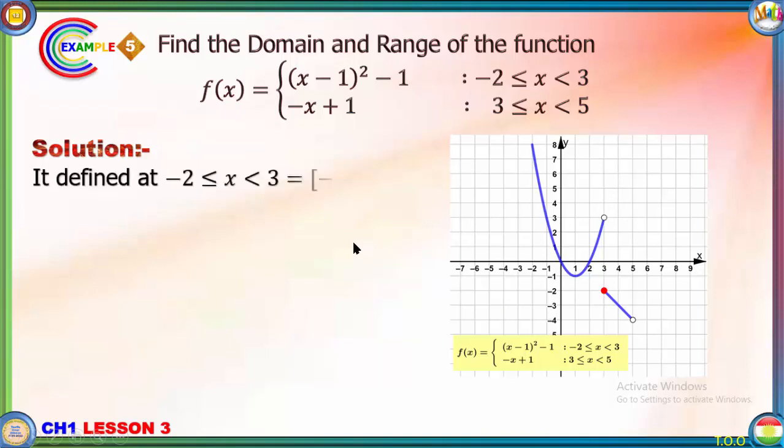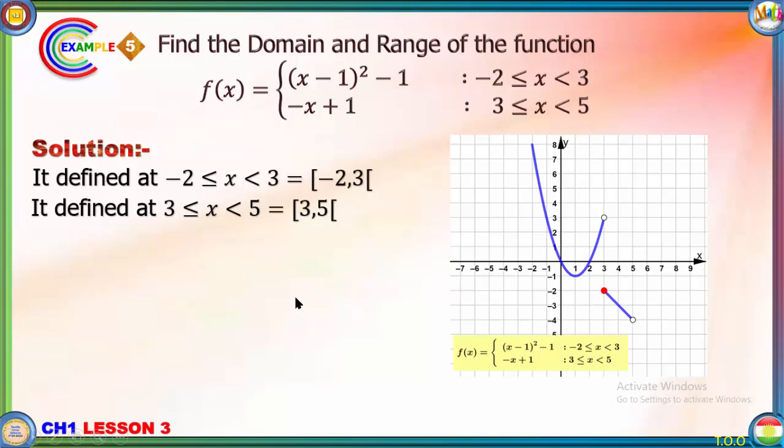The function is defined on the interval from -2 to 3, where 3 is open and -2 is closed, because here we have an equal sign. Then the function is defined on another interval, from 3 to 5, where 3 is closed and 5 is open.